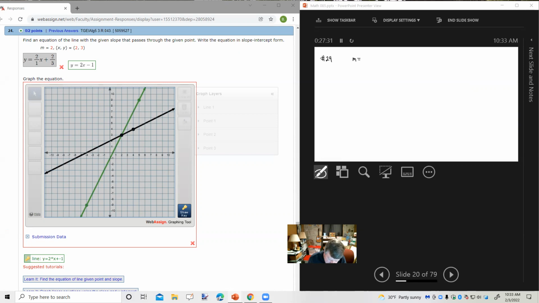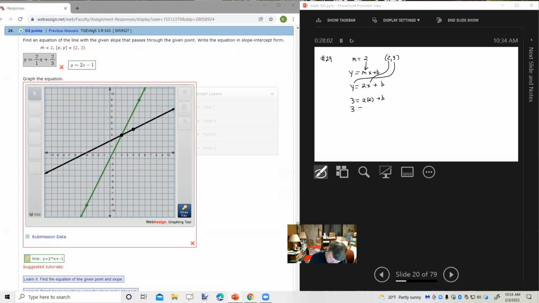So the slope is 2, and the point that it passes through is (2, 3). All right, so using y = mx + b, we know that the slope is 2. So y = 2x + b. To find b, or the y-intercept, we'll take the point we're given, put 2 in for the x and 3 in for the y.